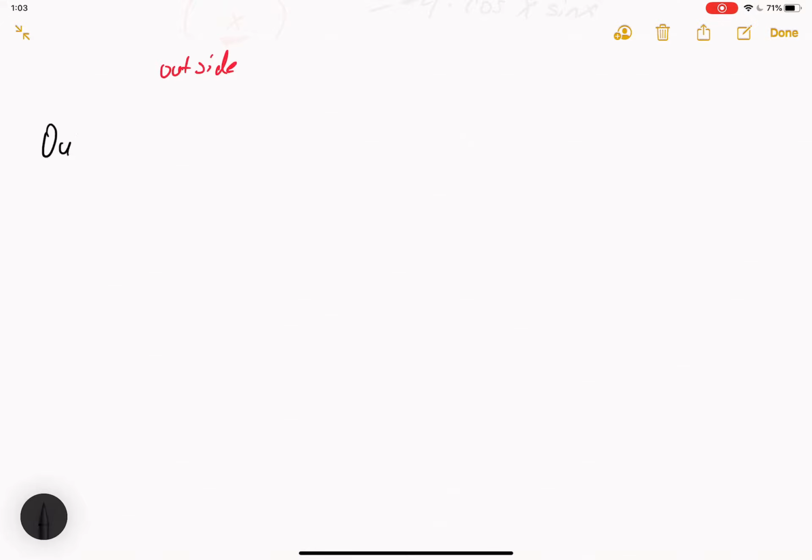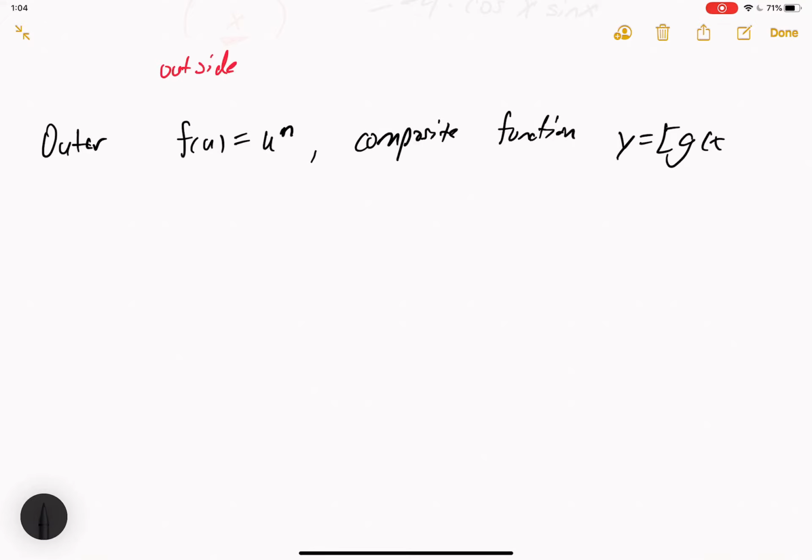In this case, the outer function was of the form f of u is equal to u to the n. And our composite function was of the form y is equal to g of x to the n.